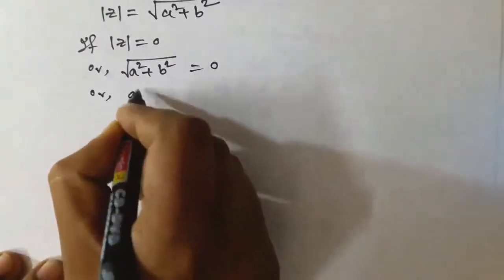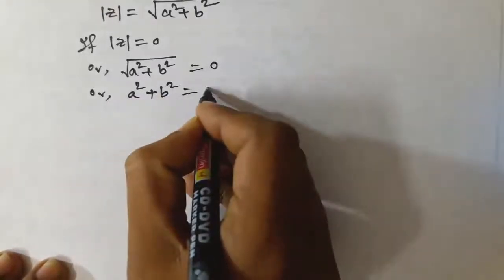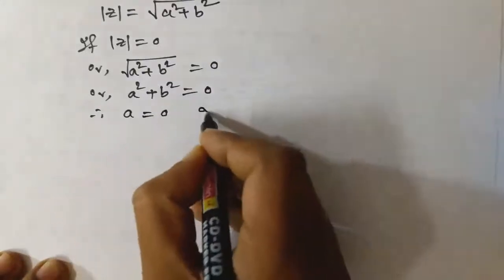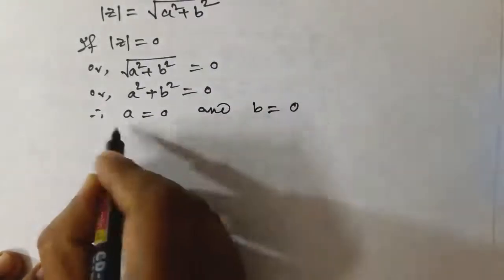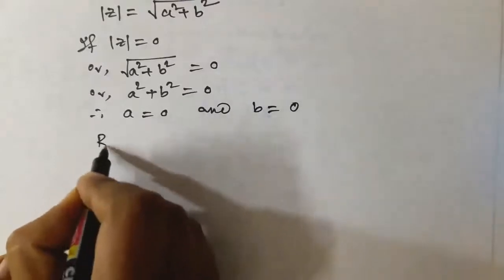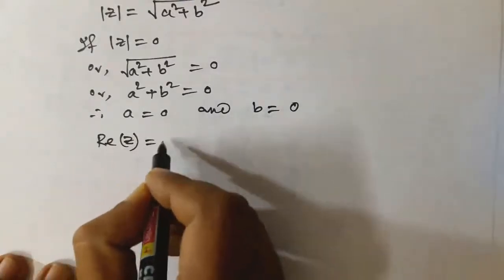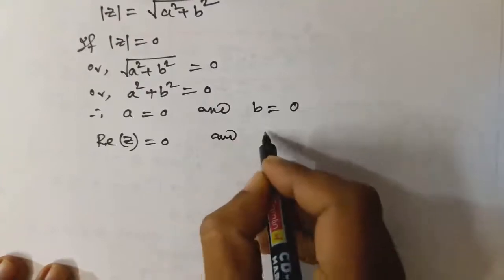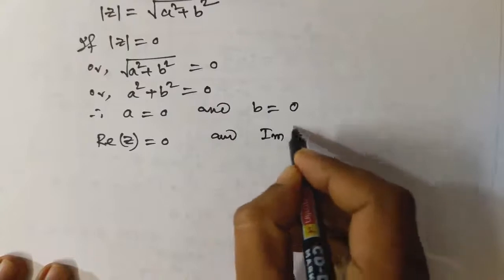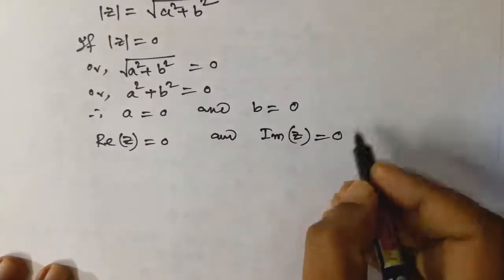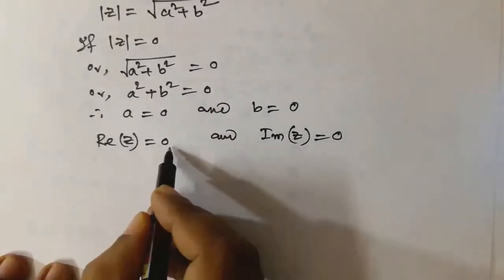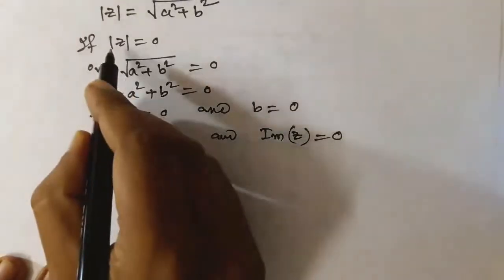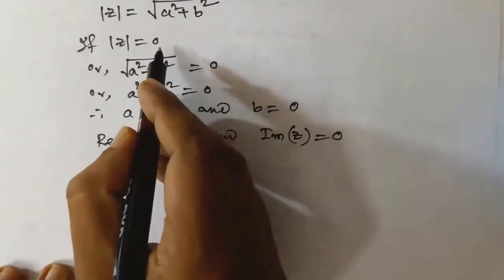Squaring both sides, you will get a square plus b square is equal to 0. Therefore, a is equal to 0 and b is equal to 0. What is a? a is the real part of the complex number z. This is equal to 0, and b is equal to 0 means imaginary part of z is equal to 0. So when real part of z is equal to 0 and imaginary part of z is equal to 0, then modulus of z is equal to 0.